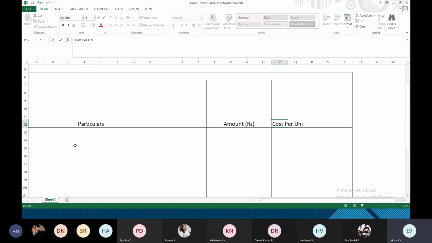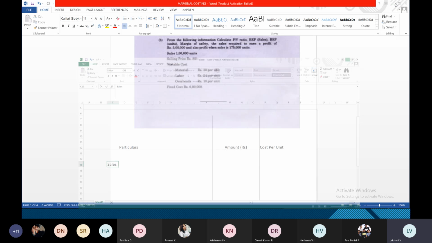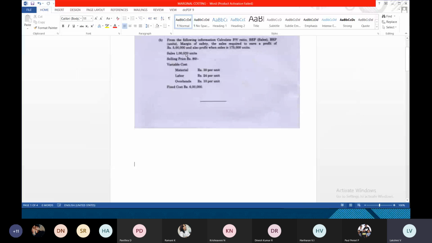Cost per unit. Okay. So the first initial item what will come is sales. Okay. Certain times they might give you the sales amount. Some questions they may not give you the sales amount. Instead of that, number of units and per unit rate they will give you, you have to find out. In this question, number of units they have given us 1 lakh units, selling price per unit is 80 rupees here.